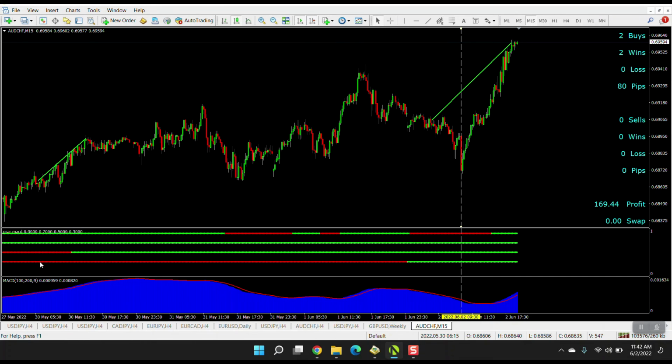And keep in mind, the MAC 100 200 might still be saying sell when something much faster like the J Fat Tail or JJMA or the Alma, those might have been saying buy during this time right here. You'd have to look back and see, and that's what those other indicators are for.